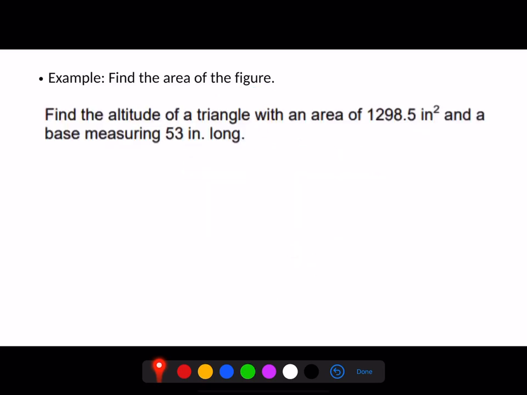All right, moving on. Find the area of the figure. So we want to find the altitude of a triangle with an area of 1,298.5 inches squared and a base measuring 53 inches long. So go ahead and try and draw this out for a second. See what you'd get.